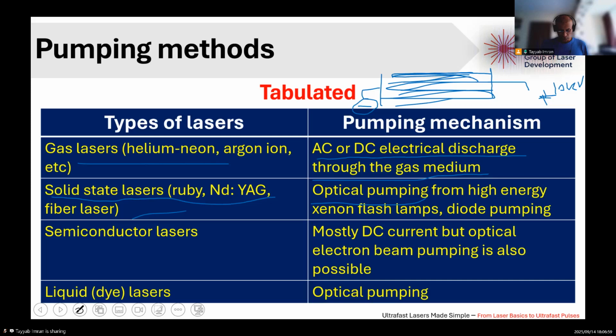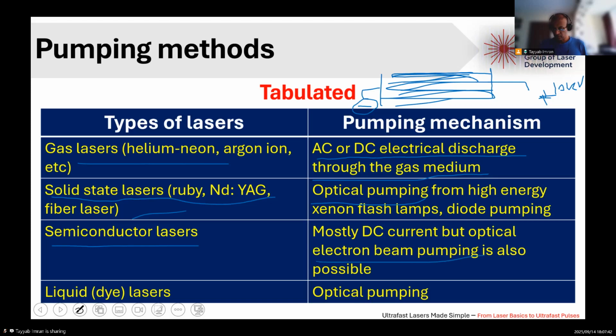The third one is the semiconductor laser. Like all normal semiconductor devices, you always need a DC current source. Mostly it's like this, but some modern kinds of semiconductor laser, which I don't know the exact theory of, can also be pumped with electron beam pumping.